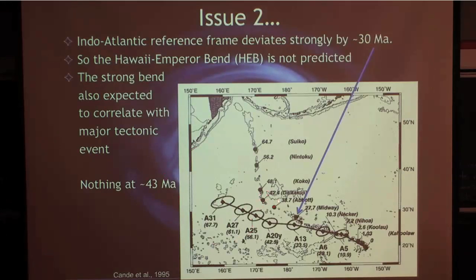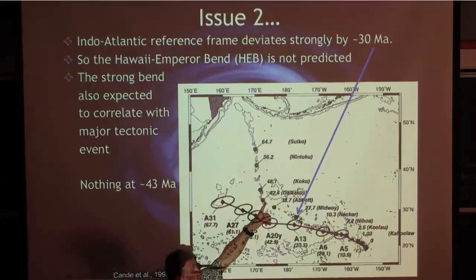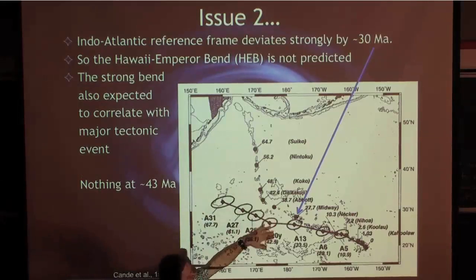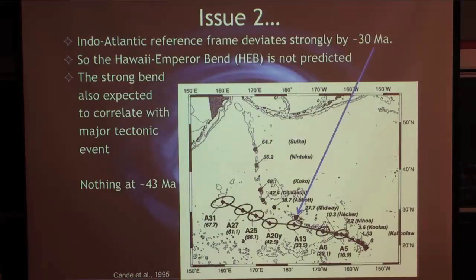The other thing is, and this is something people have worried about for a while, this is an old map, right? This is from 1995, so it's about 43 million years at the bend there. If you have such a dramatic change in the plate motion, or in the orientation of the hotspot track, that implies you have to have a very significant change in plate motion.